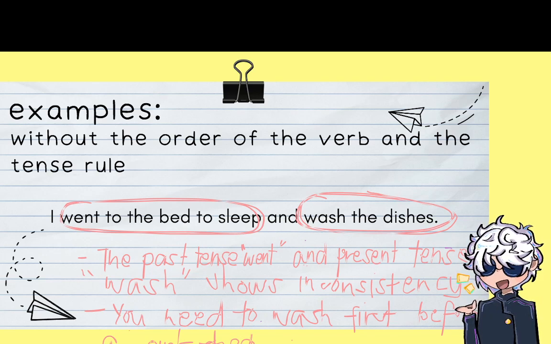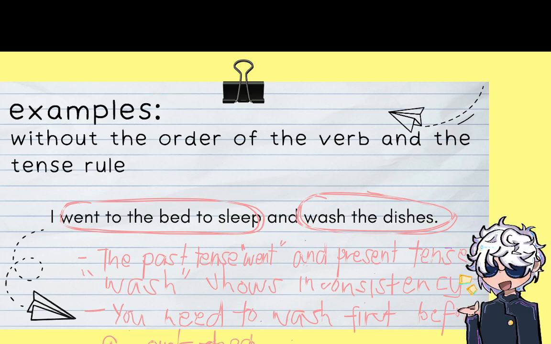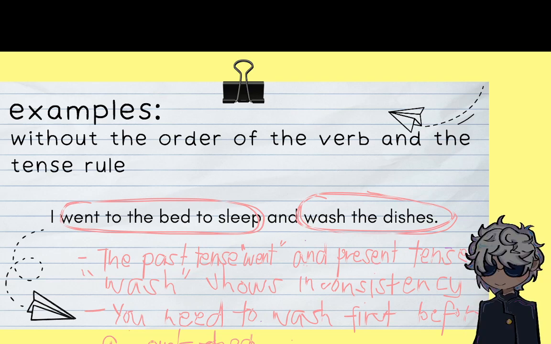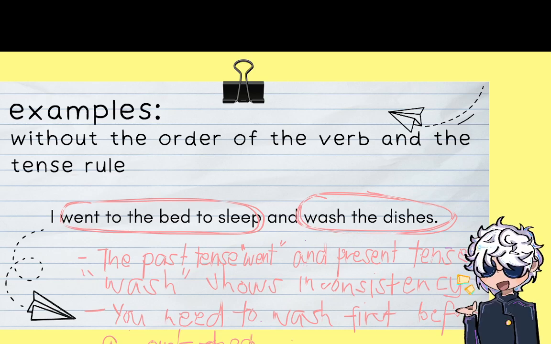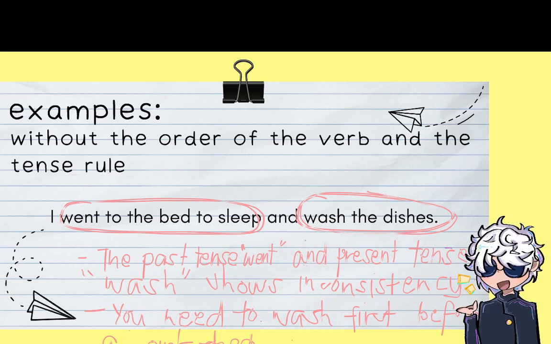The past tense is went, and the present tense wash shows inconsistency because, as I said earlier, went is the past tense of go and wash is in the present tense. And have you noticed something that doesn't make sense here? How come he or she went to bed to sleep first, at the same time he's going to wash the dishes? Doesn't make sense, right?